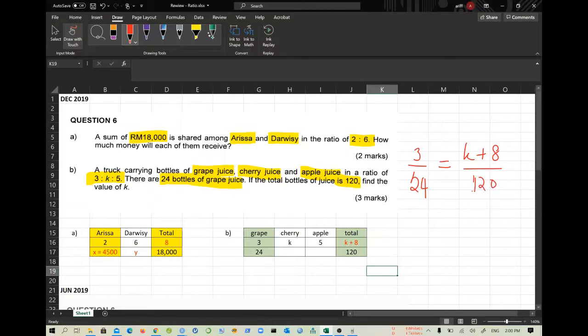Okay, so now you simplify this, you get 120 times 3, you get 360, right? So 360 equal to, and this one you cross multiply, you get 24k plus, so 8 times 24 is how much?